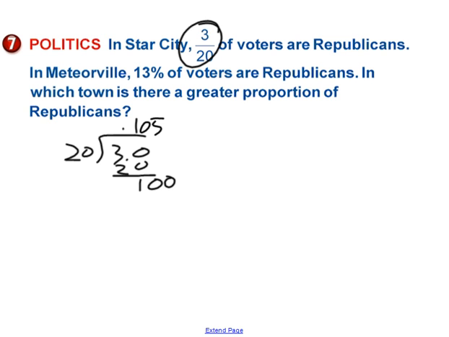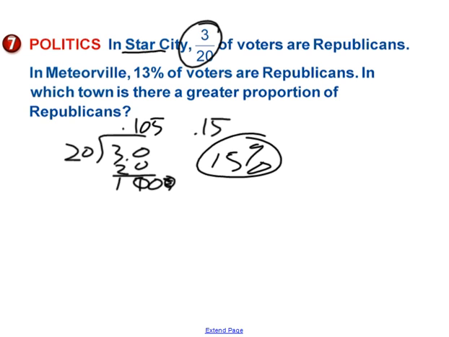I'm sorry, I made a mistake there. It would be 0.15 or 15%. So 15% of Star City voters are Republicans and only 13% in Meteorville. So Star City has more Republicans.